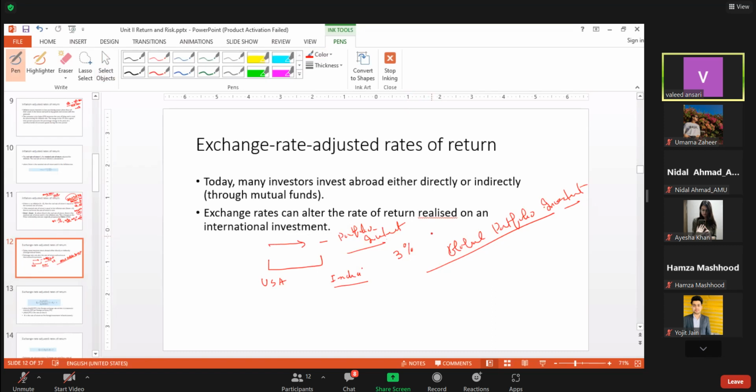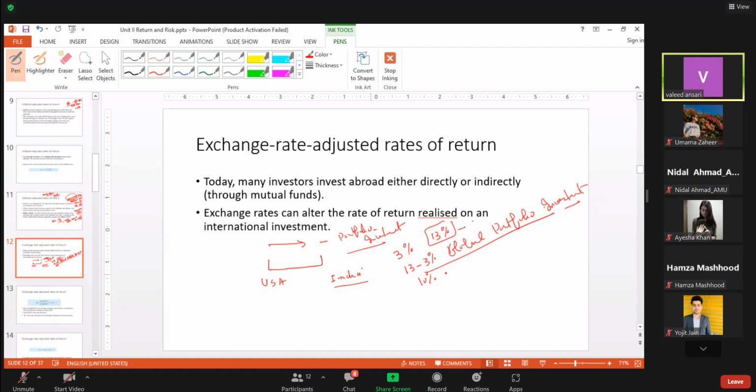And in India, by a very conservative estimate, let us say stock on an average is providing 13% if you make investment. The portfolio may provide 13%. The difference is 13 minus 3, that is 10%. Because the return differential is there, the money flows from the US to India.